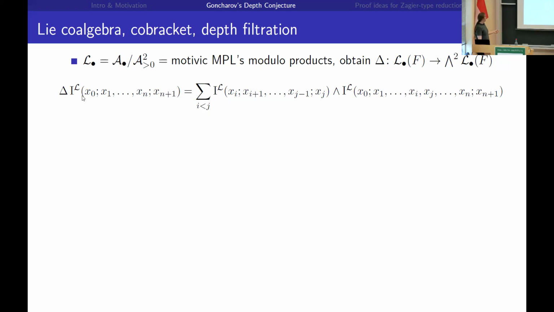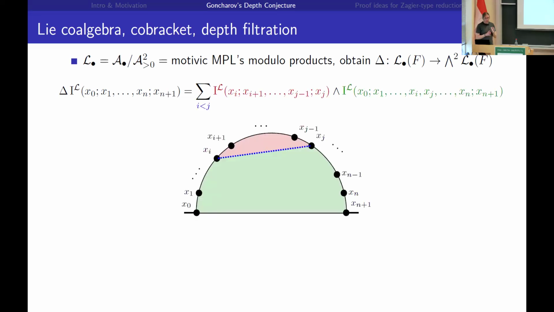So it's a combinatorial formula that tells you to take your iterated integral with whatever these indices are and chop out a sequence from xi to xj, put it on one side of the wedge, and get rid of the interior bit of that and put it on the other side of the wedge. So note that xi, xj are appearing on both sides.